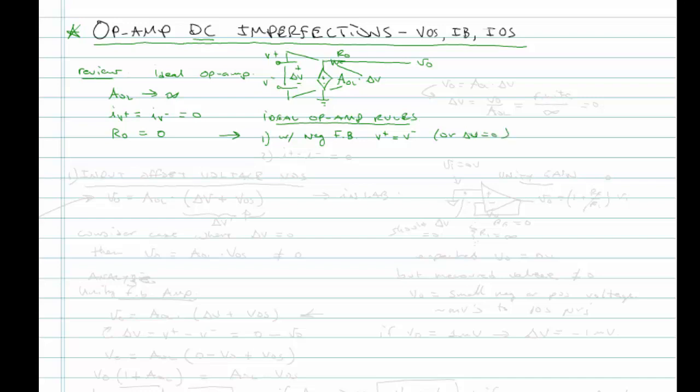That's because just like we can write VO is equal to AOL, the open loop gain, times delta V, we can rewrite this as delta V is equal to VO over AOL, which is equal to something that's finite. Even if it's large, let's say VO is really large, it's 100. If we have an infinite gain, something finite over infinite is always 0.